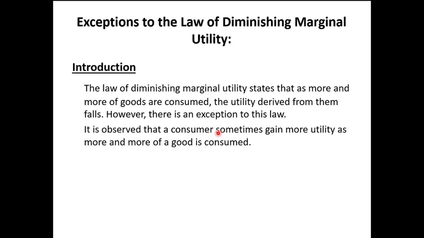Today's class, we are going to study the exceptions of the law of diminishing marginal utility. What are the exceptions where the law doesn't work? That is what we have to see.